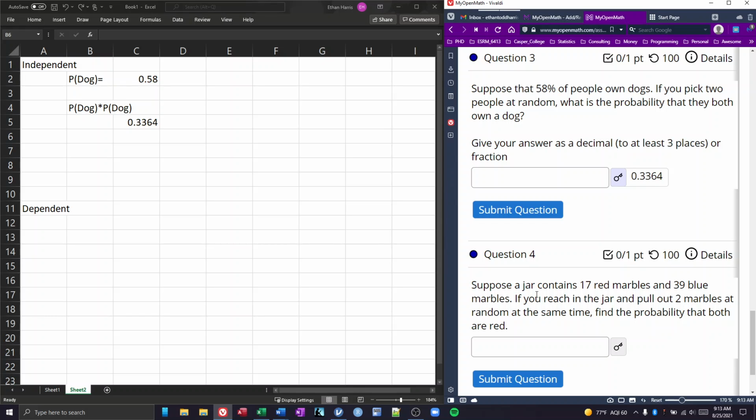And we also don't know what the probabilities are. So let's see. What's the probability of a red marble? Okay, so if we grab a red marble, that's pretty easy.